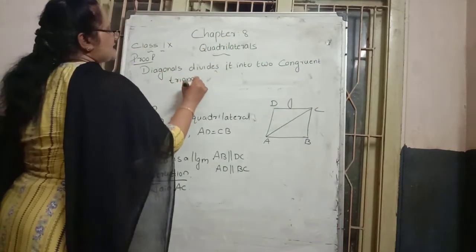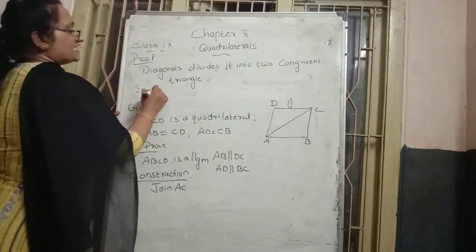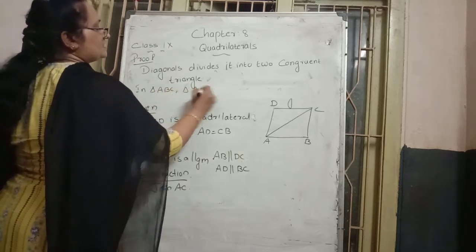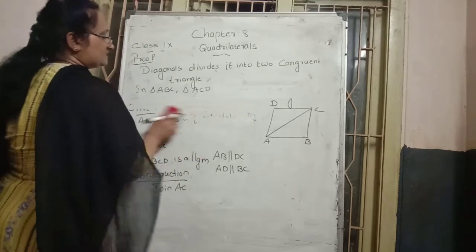That's why we get the triangles: ABC, and the second triangle is ACD. Then, for those two triangles, what information can we say?